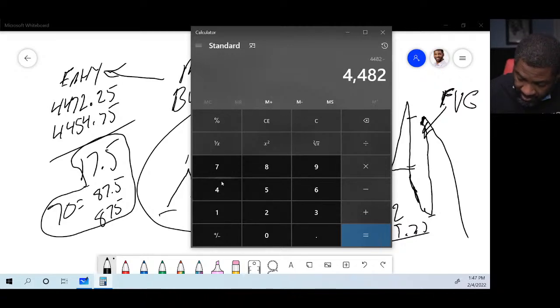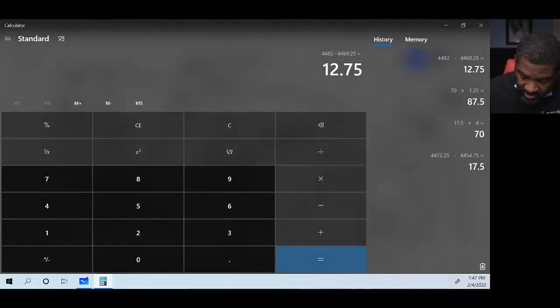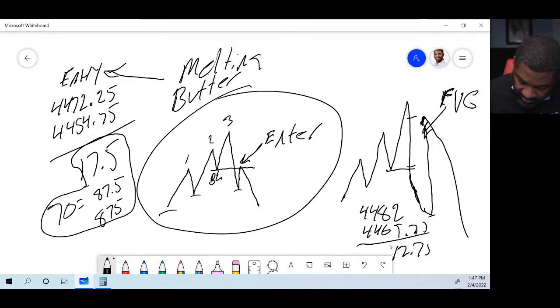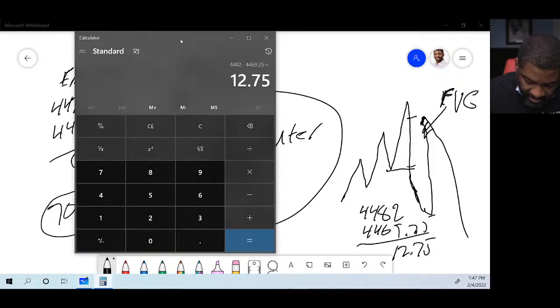44.82 minus 44.69.25. I can't read my own writing. That equals 12 and 3/4. So that's almost 13 points. 12 and 3/4, 12 points, 3 ticks, right? So 12.75 times 4. That's a little bit small of a trade.